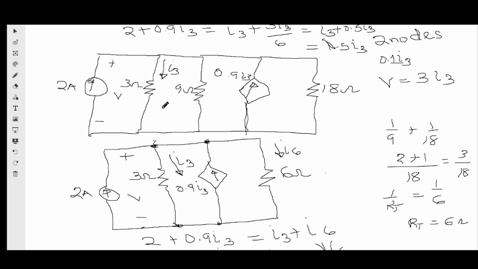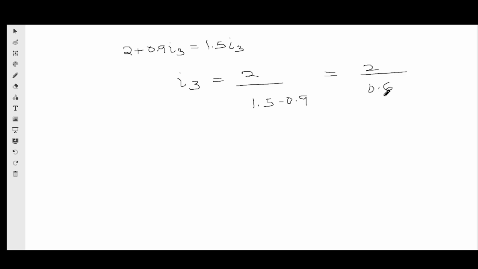So which means that I have 2 plus 0.9 I3 is equal to 1.5 I3. Therefore I3 will be equal to 2 over 1.5 minus 0.9, which is 2 over 0.6, and that will be giving me 10 over 3 amperes.